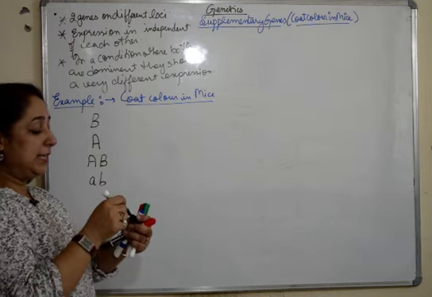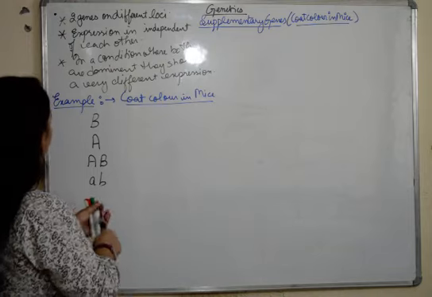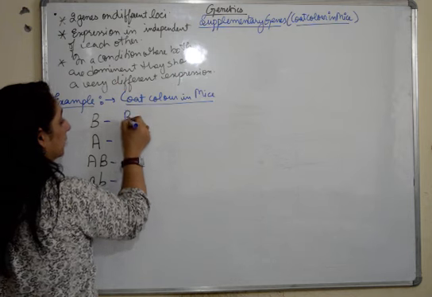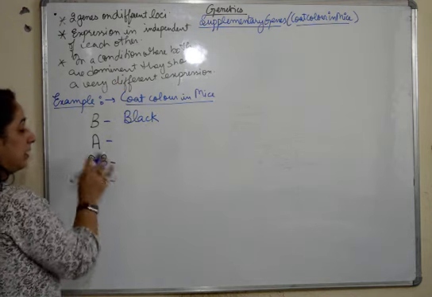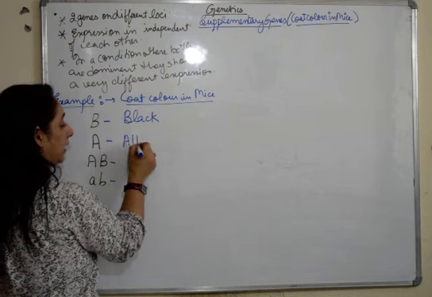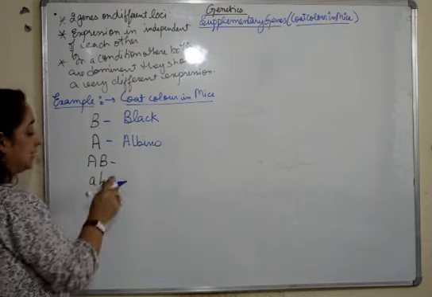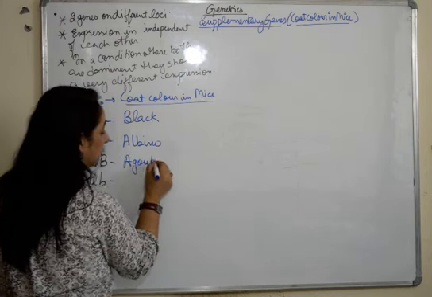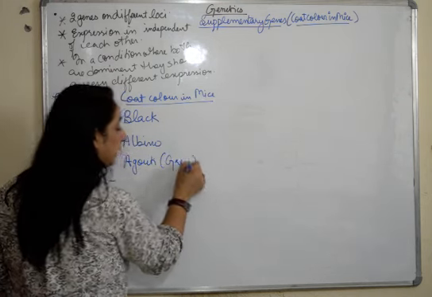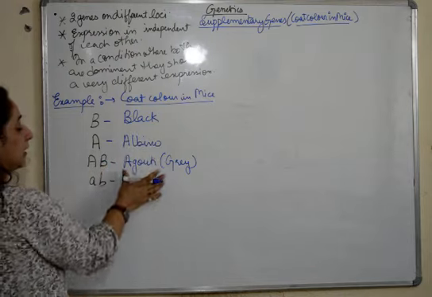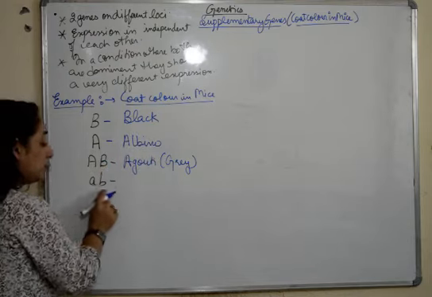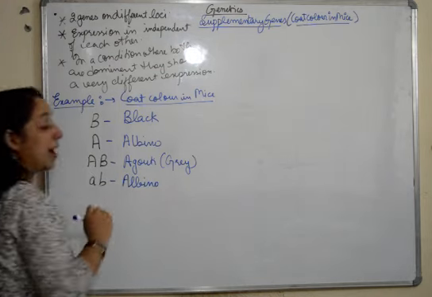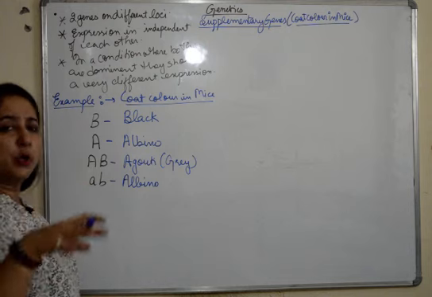These are the conditions which are possible. Here the coat color is black in a dominant state B, and albino in a dominant state A. But in AB condition it shows agouti, which is gray, neither black nor albino. In small ab condition, both recessive, it will also show albino color, a pure white color.